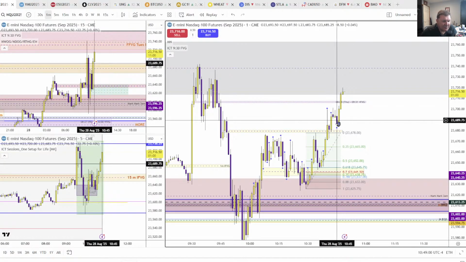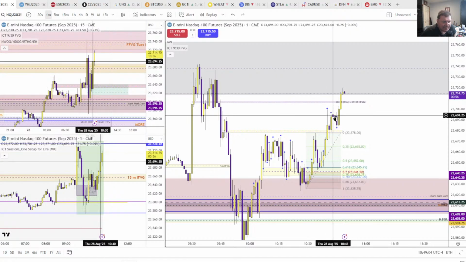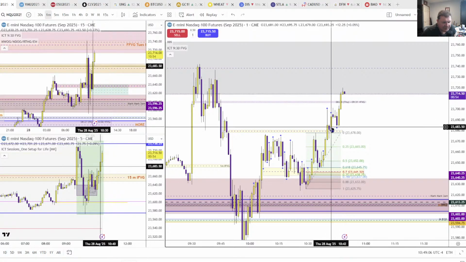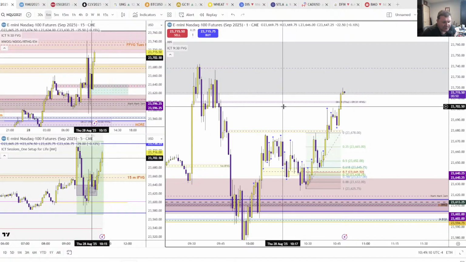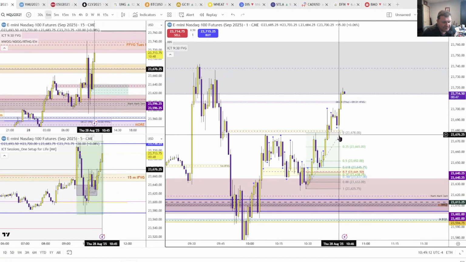That's demanding a lot of precise level, and it just came down to that level there, inside that range, inside that candle.